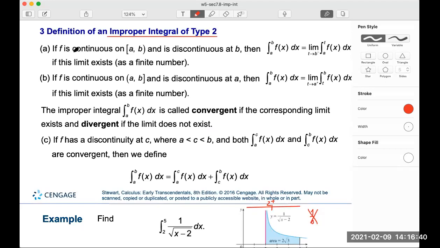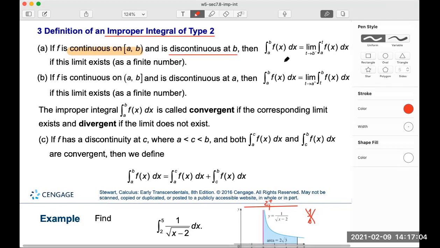And here, if f is continuous, very important, on the interval from a, including a, up to b, but not including b, and it is discontinuous at b, then this is the improper integral type 2. If this limit exists, it means that it does not go to infinity.